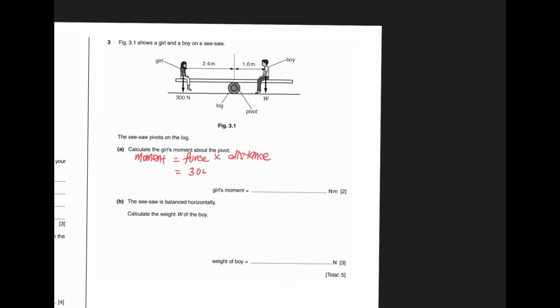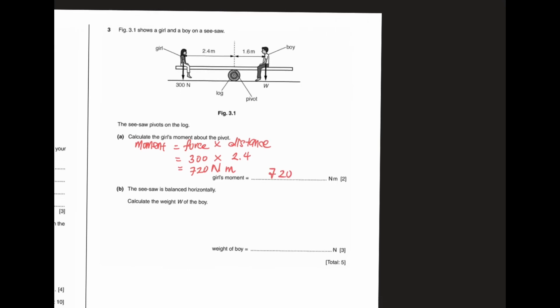Then you substitute the value, 300 Newton multiplied by the distance 2.4, then you get 720 Newton meter. This question is kind of direct actually, so we just use the formula directly.